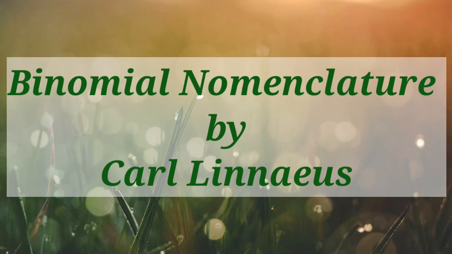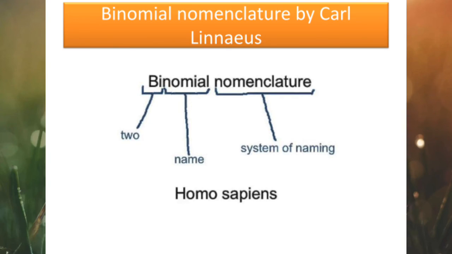Binomial nomenclature by Carl Linnaeus. Binomial means two names and nomenclature means naming system. Binomial nomenclature is used to identify each organism.